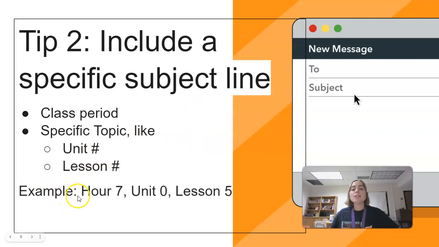So for example, you could send me an email that says Hour 7, Unit 0, Lesson 5. And right away, I know, okay, I'm thinking about the kids in my 7th hour. I'm thinking about Unit 0 and what's going on in Lesson 5. This is super clear and specific and lets me know exactly what you want to talk about. So make sure you include a specific subject line in your emails.